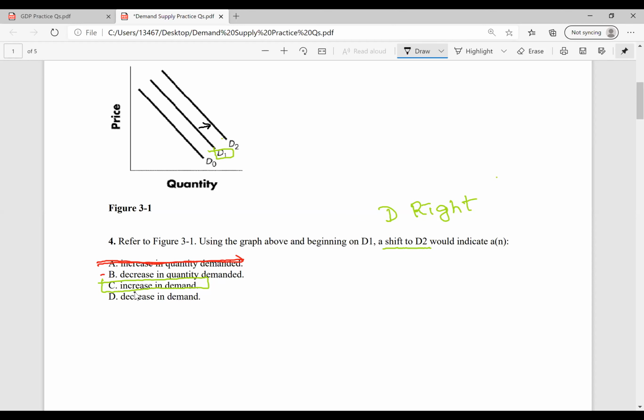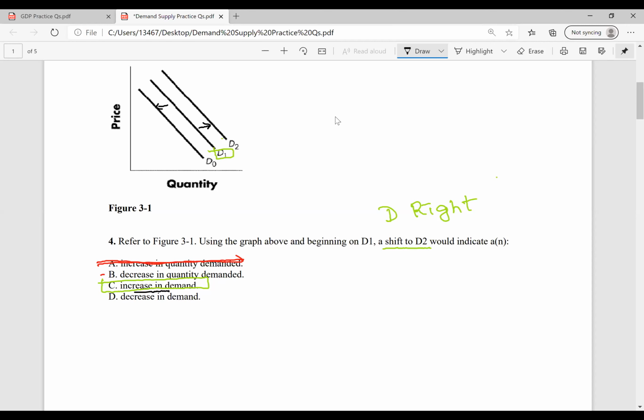I just said I have an increase in demand. If I go from D1 to D0 instead, I would say there is a decrease in demand.